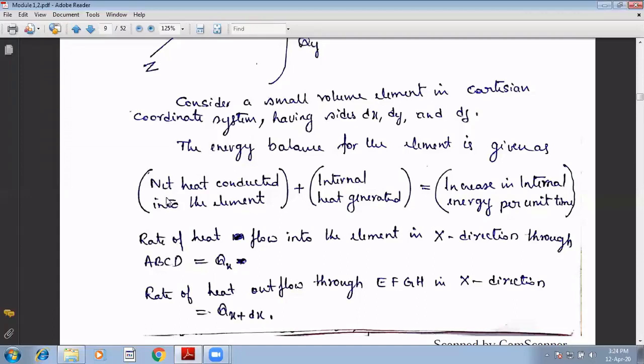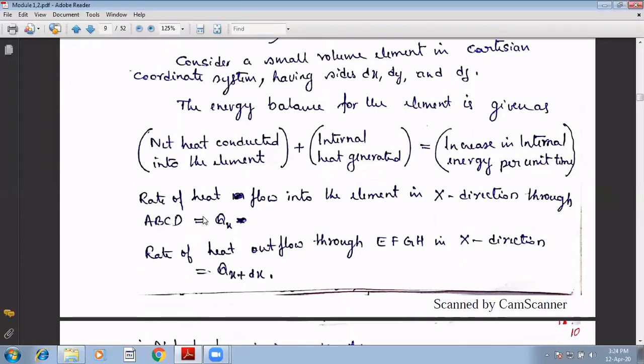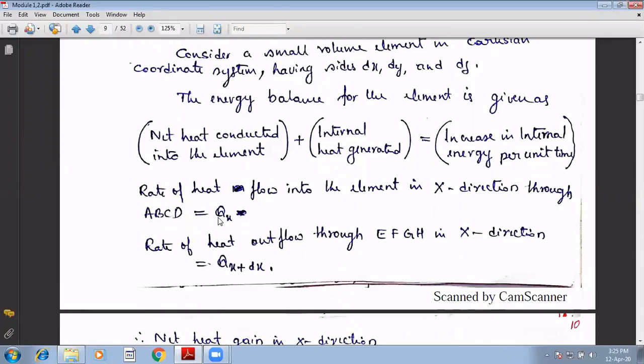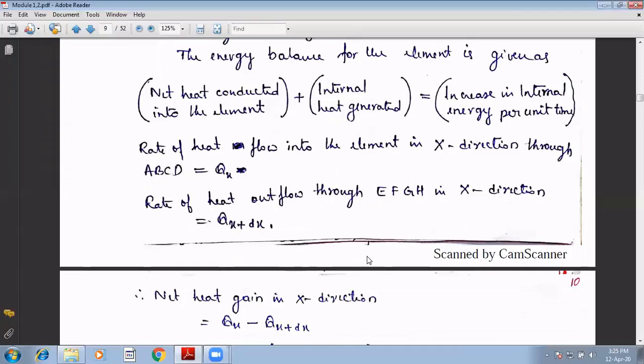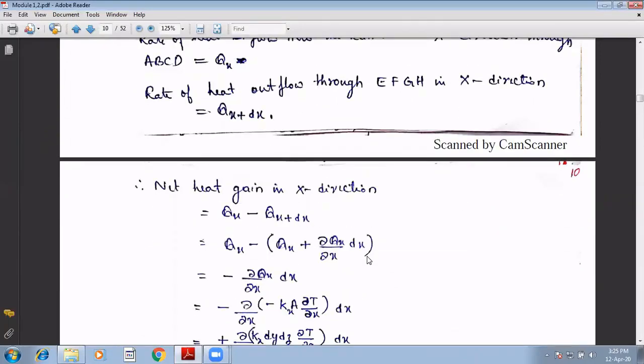Now, considering the first term, the net heat conducted into the element, we will consider the x, y, and z directions. In the x direction, qx is the heat getting into the element, and qx plus dx is the heat flowing out of the element. The element is dx, dy, dz, which is the volume. What is the net heat transferred in the x direction?